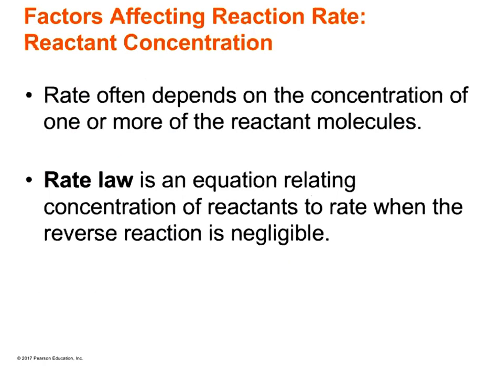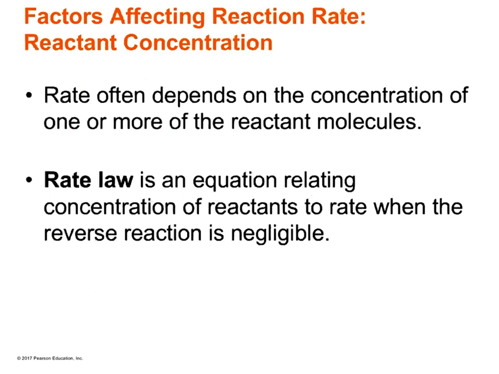Now, there are some factors that affect reaction rate, and one of those is reactant concentration. So rate does depend on the concentration of one or more of the reactant molecules. So what we can do is form what's called a rate law. And this is an equation that relates the concentration of reactants to the rate of the reaction.